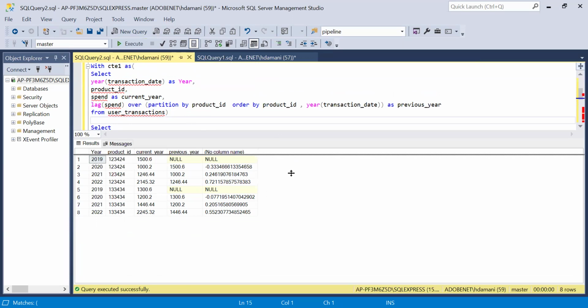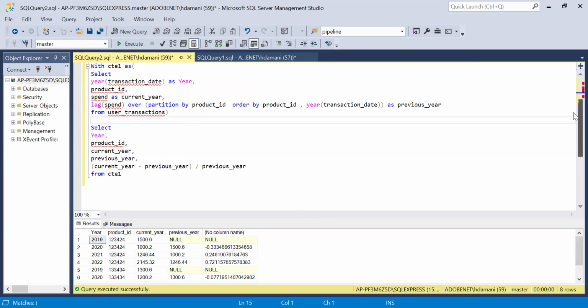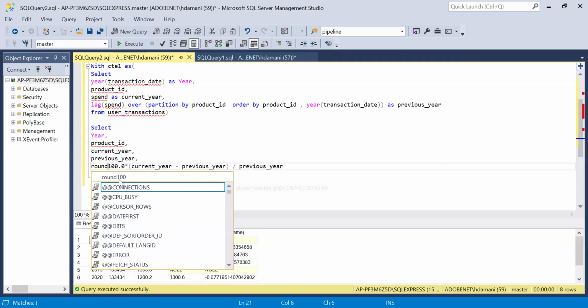Now, what we have to do is round it off, right? And we have to calculate this as a percentage as well. So in SQL, how can you calculate it as a percentage? You have to multiply it with 100, right? So I'm multiplying it with 100, and let's say I am rounding it off as well.